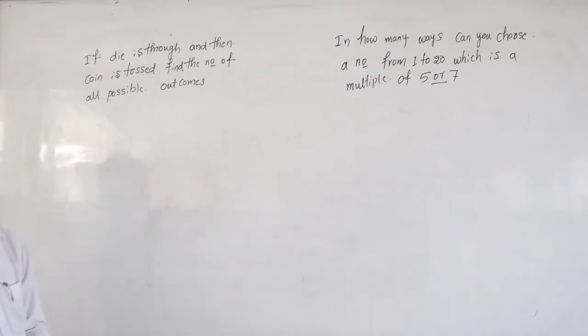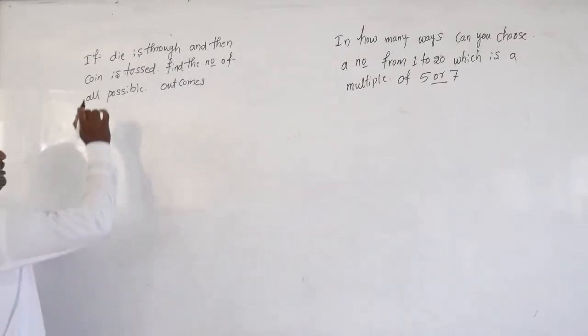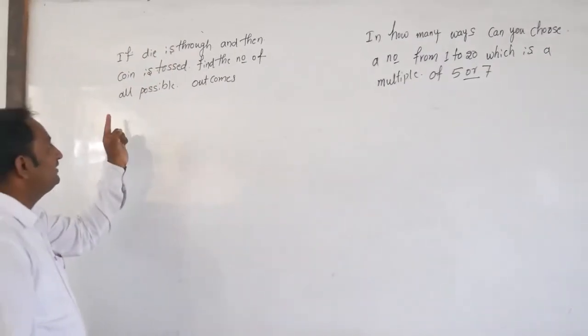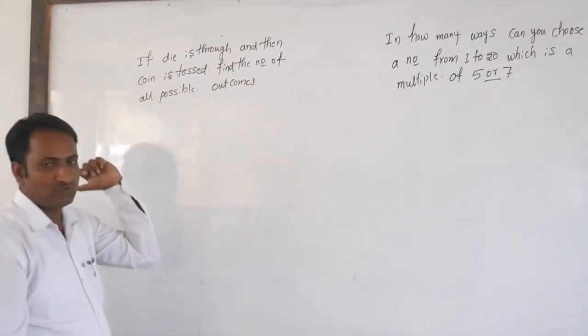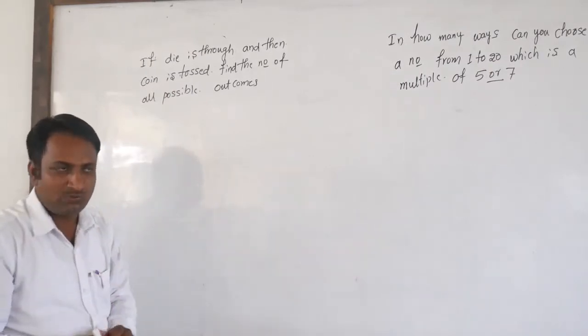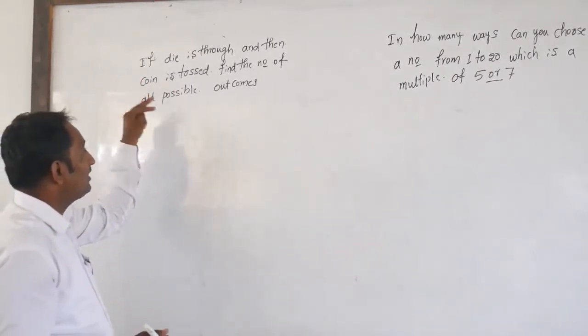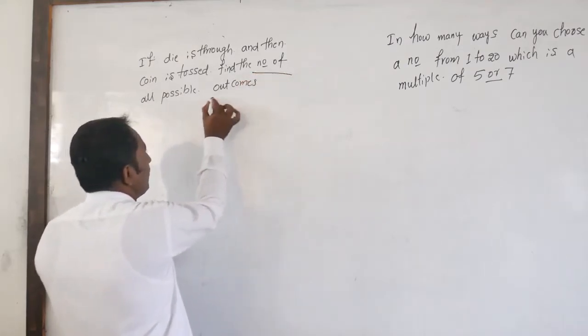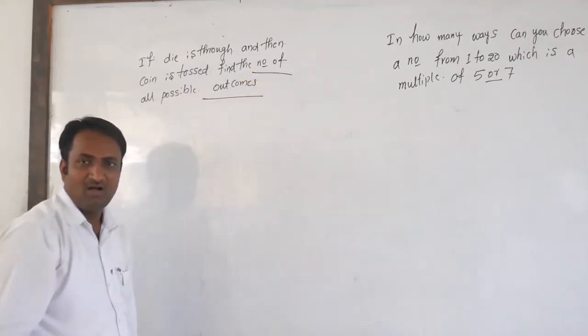If a die is thrown and a coin is tossed, find the number of all possible outcomes.